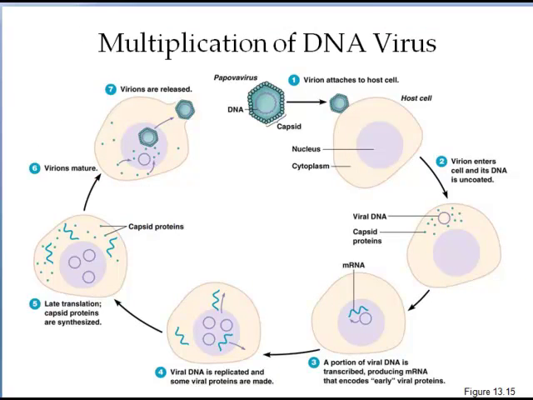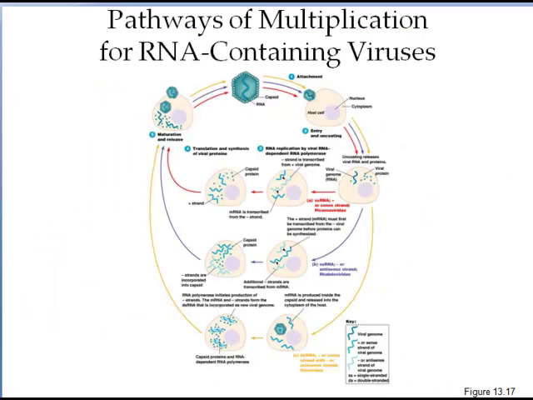Here is a slide that I just put in to give you a vision of multiplication of a DNA virus. This picture is also one in your book. So again, from step 1, where the virion attaches to the host cell, to the release, all the steps that we just discussed are in here. Here's an alternative pathway of multiplication used by many RNA-containing viruses.